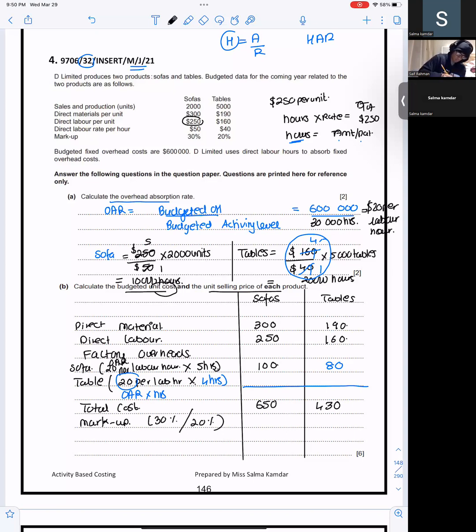Markup is 30% and 20%. 650 into 30% is 195. And 20% is 86. So selling price is 845 and 516.